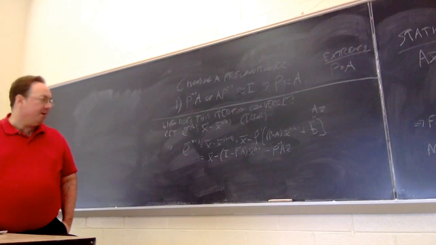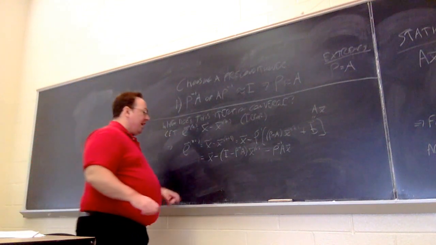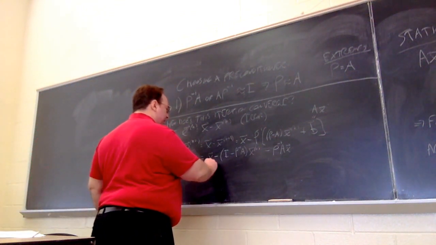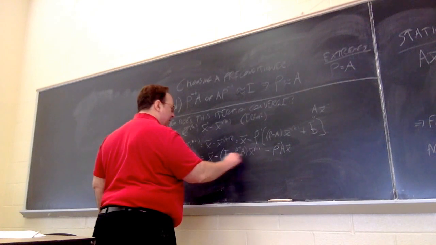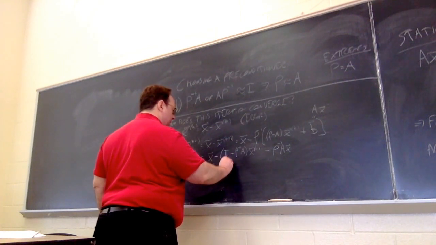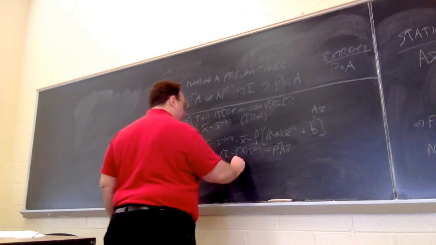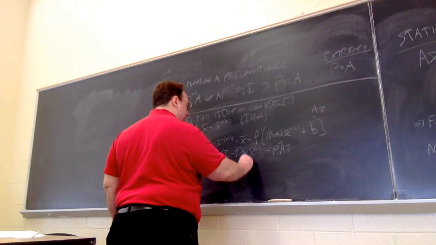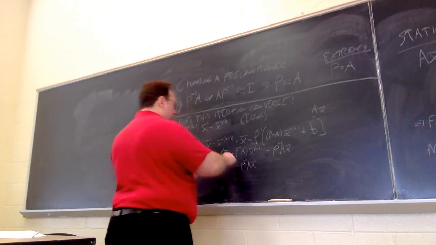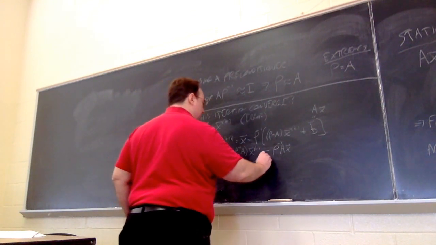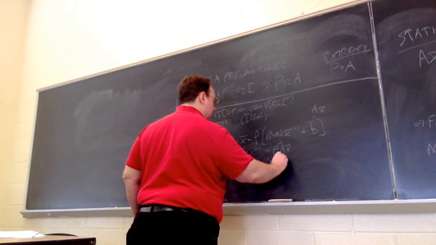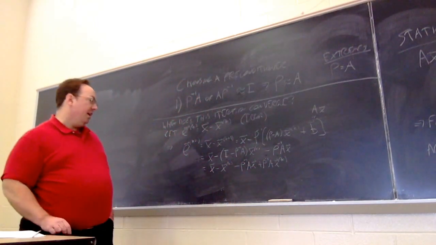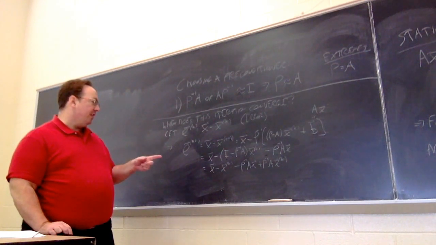Okay, so now I want to simplify this as much as I can, because first, if I distribute, I have X minus identity times xk, and then I have minus, I'm going to go with this term first, P inverse AX, minus plus P inverse AXK. Now, X minus xk, that's ek.